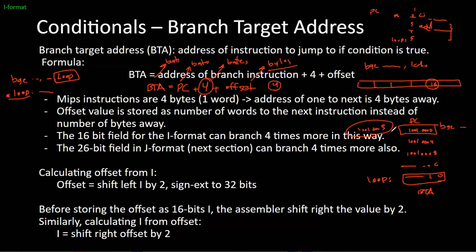We never jump at that location, because each instruction is exactly 4 bytes, always, in MIPS. So this offset is always going to be something we can divide by 4 and not have a remainder. So that's always a multiple of 4.